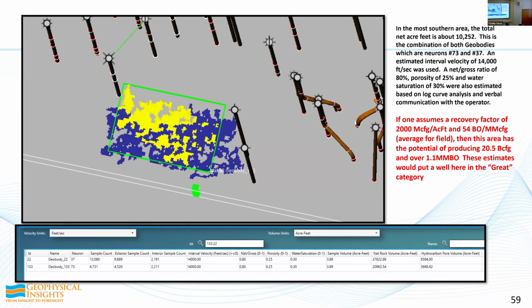And the field-wide production is 2,000 MCF per acre foot and 54 barrels of oil per million cubic feet, and I used that for these geobodies and got a well that would be somewhere close to about 20.5 BCF and 1.1 million barrels of oil. So I could use the geobodies and the low probability to find places that hadn't been drilled, could see the depletion, and then give them estimated reserves on where I thought they could go in and use this to find someone to come in and drill a well for them.